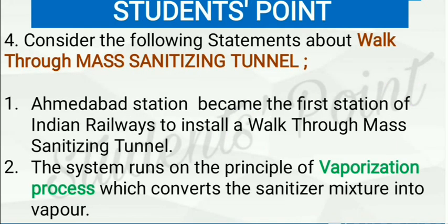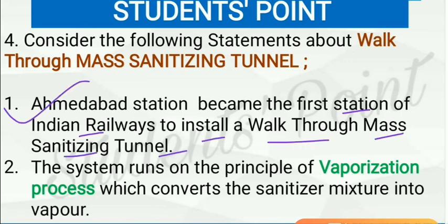Next question. Consider the following statements about walk through mass sanitizing tunnel. See, Ahmedabad station became the first station of Indian Railways to install a walk through mass sanitizing tunnel. This is correct.